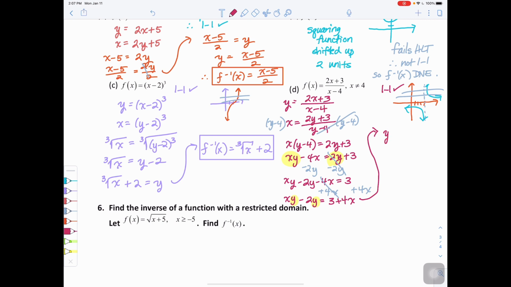So we're going to have y, and I factored out a y, and I'm left with x minus 2 is equal to 3 plus 4x. Now I'm going to divide both sides by x minus 2. We arrive at y equals 3 plus 4x over x minus 2. So f inverse of x is that expression.